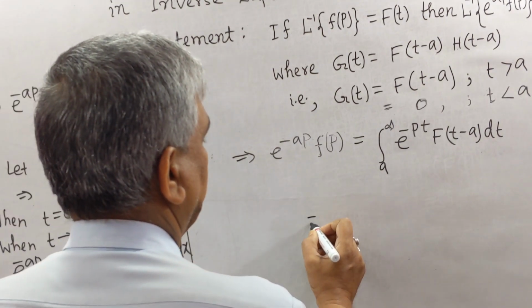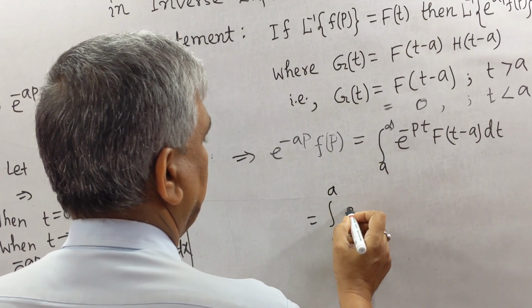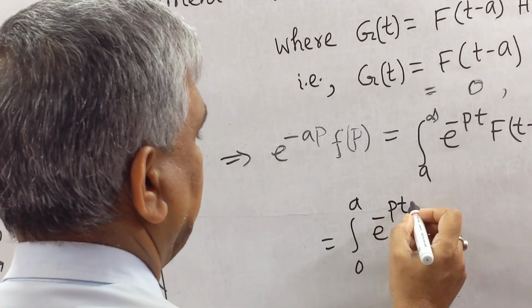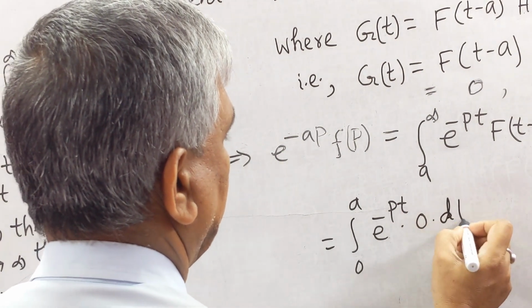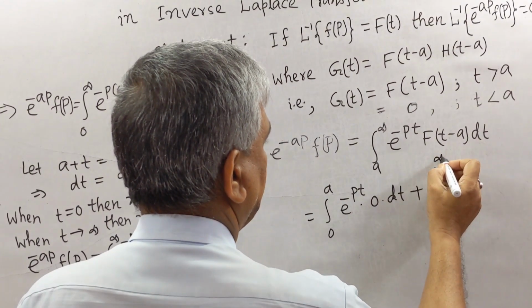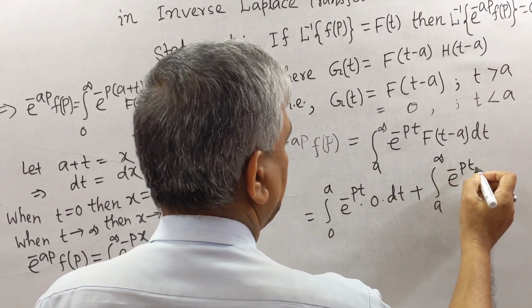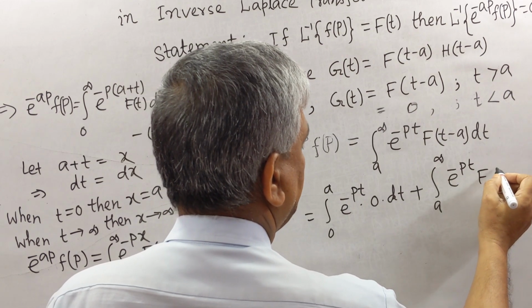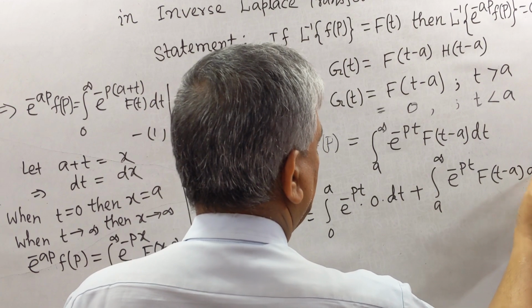This is equal to integral 0 to a e to the power minus pt into 0 into dt plus integral a to infinity e to the power minus pt f(t minus a) dt.